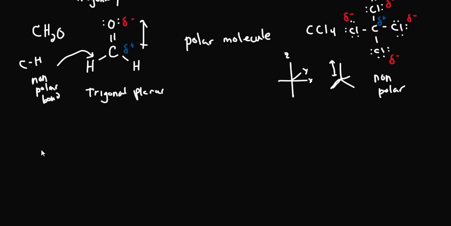I want to do one last example just because, again, it's my favorite. We'll look at SF4. SF4. Fluorine is hanging around. It's almost always a polar bond when I have fluorine, unless it's attached to another fluorine.